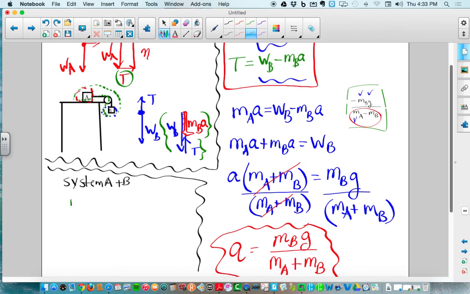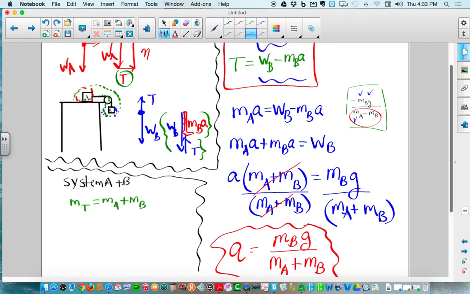I'll call it mass total, which is mass of A plus mass of B, right? And the only force acting on our system is the weight of object B. Actually, that's not true. Object A has weight, but it also has a normal force that adds to 0.